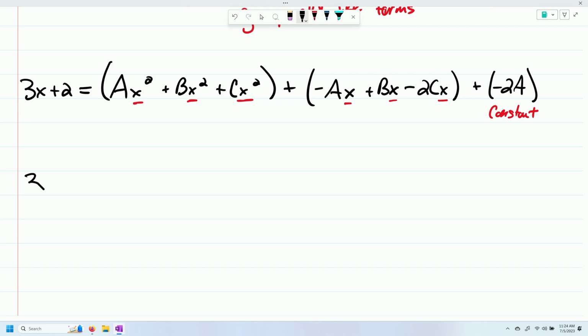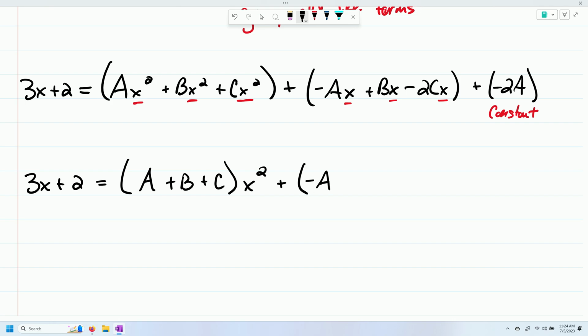So we get 3x plus 2 equals a plus b plus c with x to the second right factored, plus negative a plus b minus 2c with a right factor of x, and lastly, negative 2a.